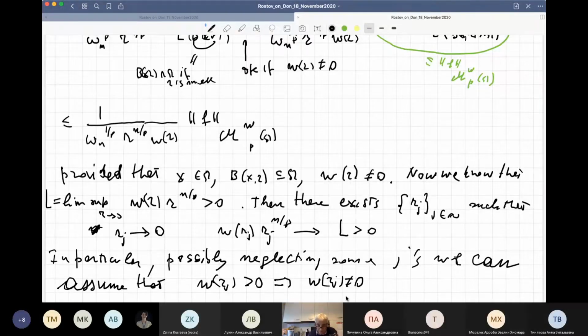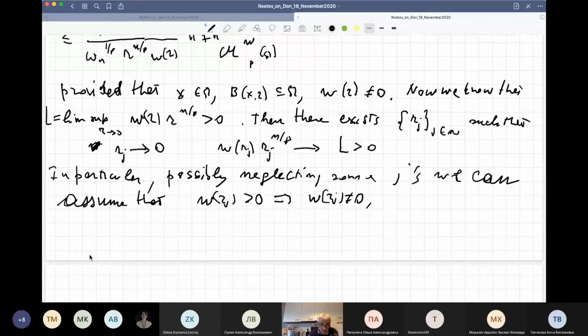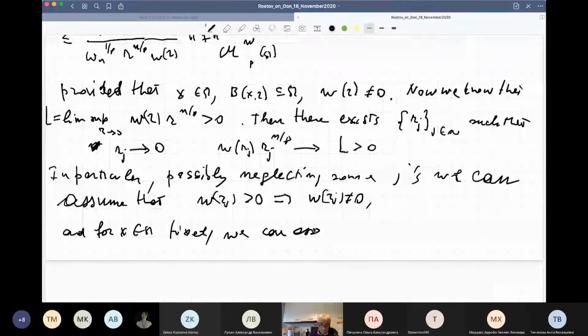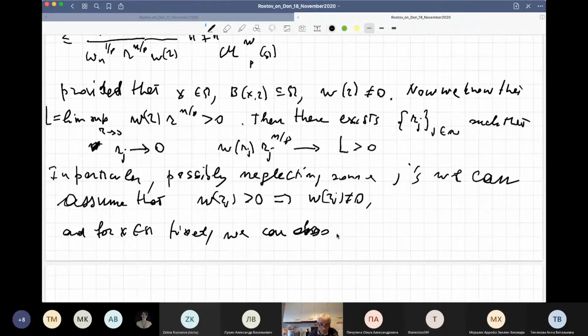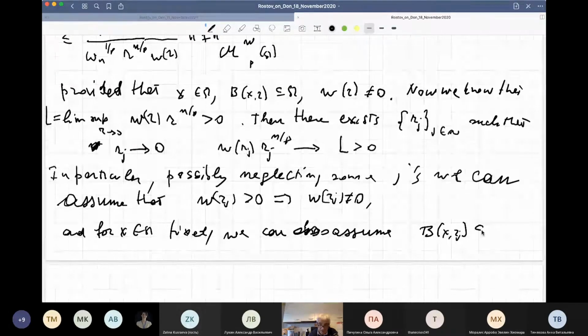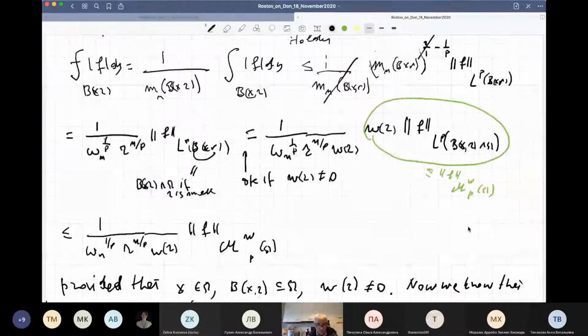And not only that, since r_j is converging to 0, and for a fixed x in omega, we can also assume that B(x,r_j) is contained in omega. Because we need this, because we are going to use the simple inequality that we proved a moment ago.